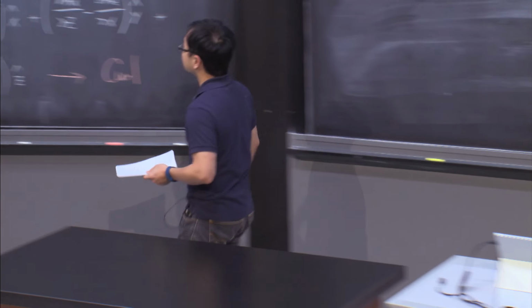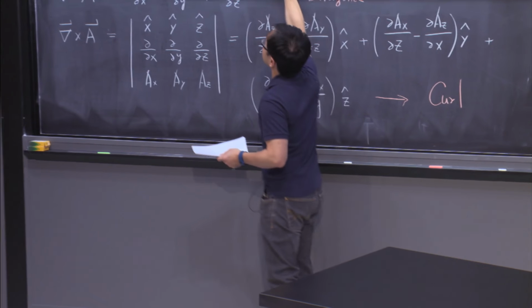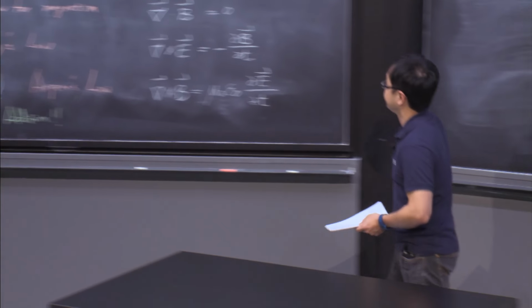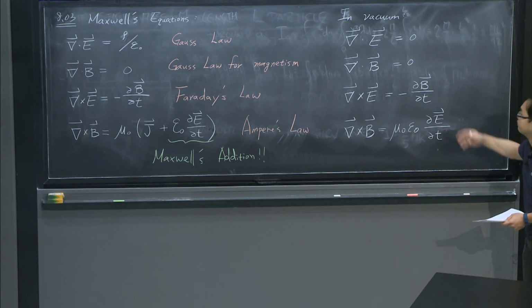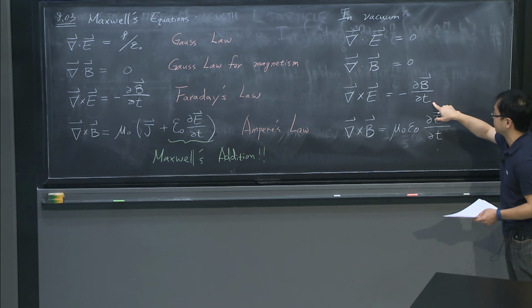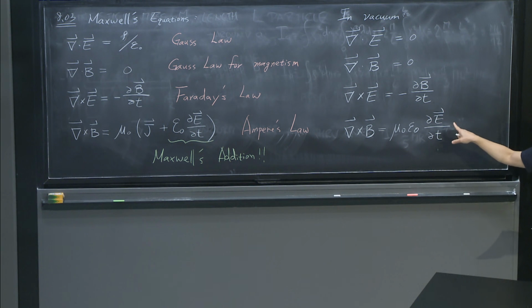Okay, so if you accept those ideas, let's take a look at what we have here, especially in the vacuum case. In the vacuum case, you have curl of E equal to minus partial B partial t. Okay, what does that mean?